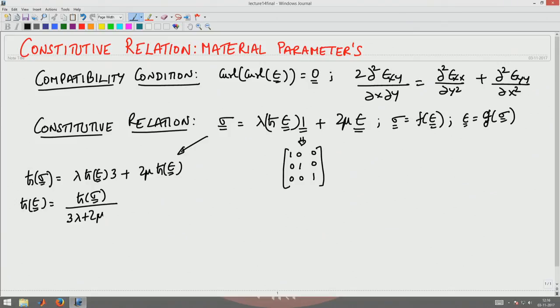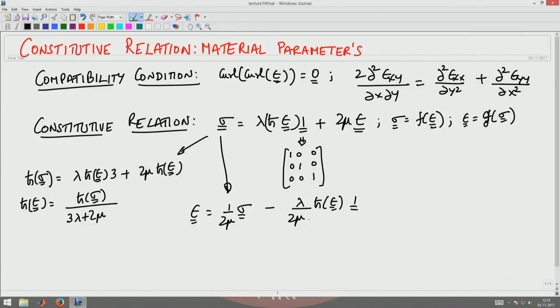Now, I want to write epsilon in terms of sigma. From this equation I get epsilon to be 1 by 2 mu sigma minus lambda by 2 mu trace epsilon identity matrix. What I have done is I divided this equation by 2 mu and taken lambda trace epsilon to the other side of the equal to sign.